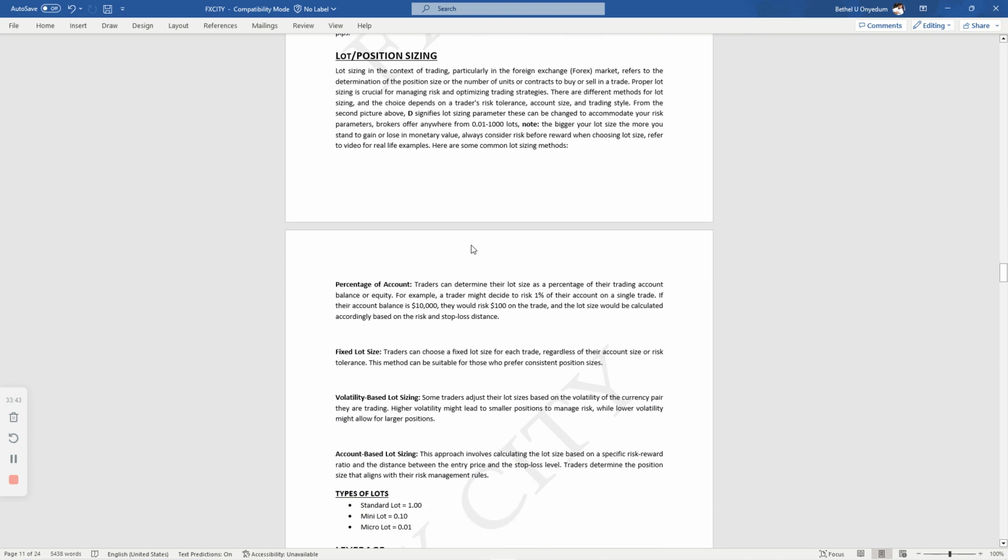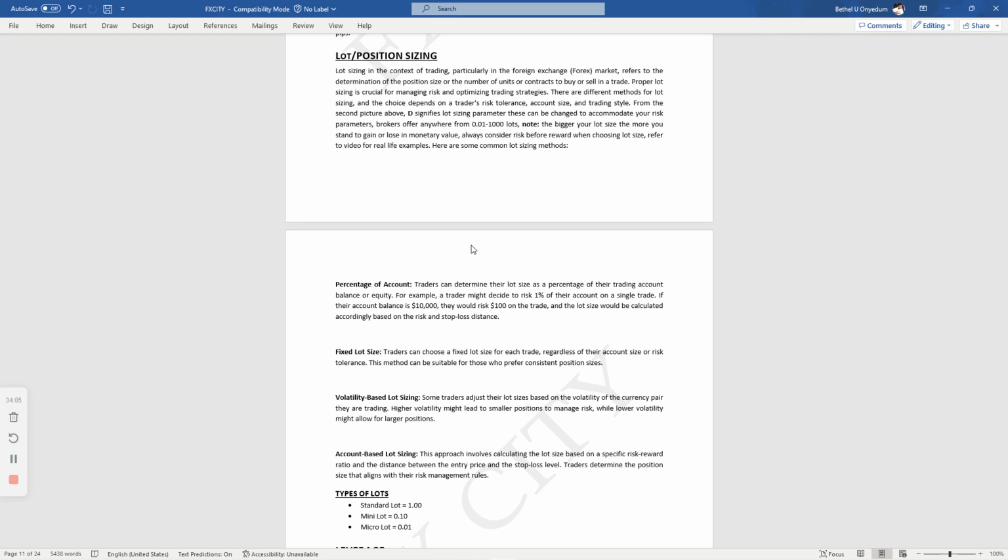So lot sizing in the context of trading, this actually depends on your account size and your risk management appetite. So let's say you have a $10,000 account and you want to risk 1%. 1% of $10,000 is I think $100.